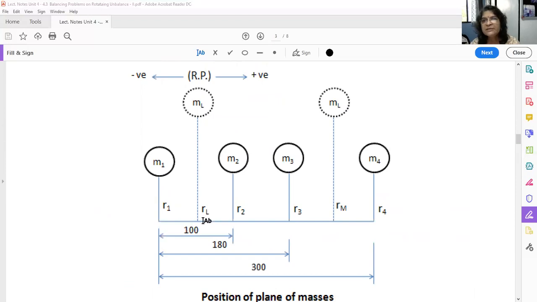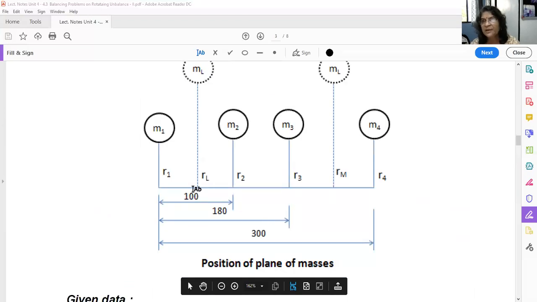This is midway, means this is 50. Then this is 300 minus 50, so 250. Then this is 180. No, 180 minus 50. Then this will be 300 minus 50.